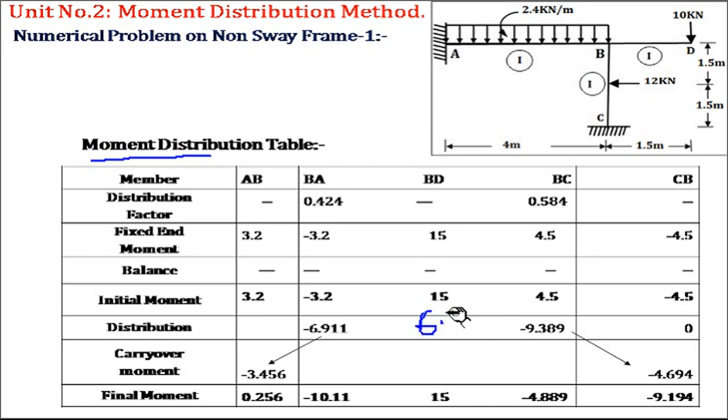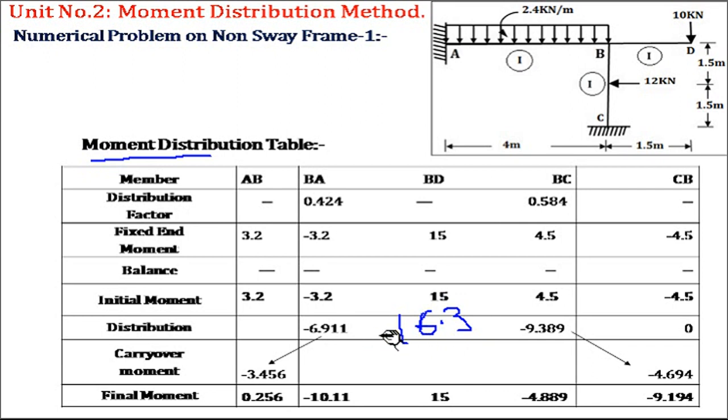So this 16.3 moment is to be distributed in members BD, BA and BC in proportion to their distribution factor.